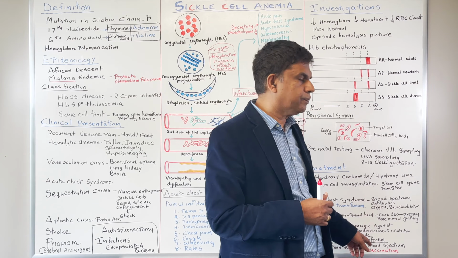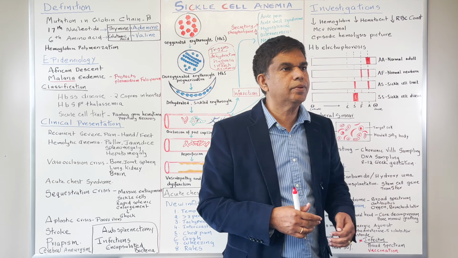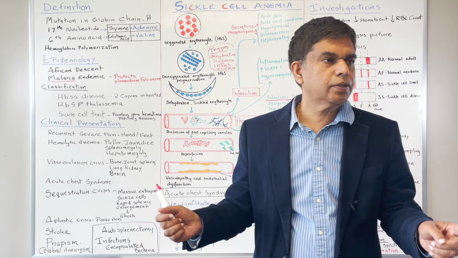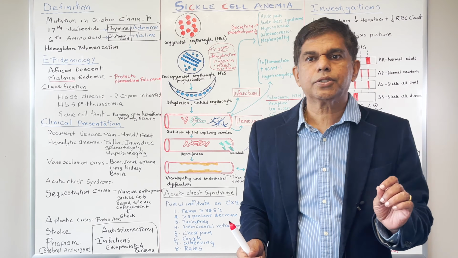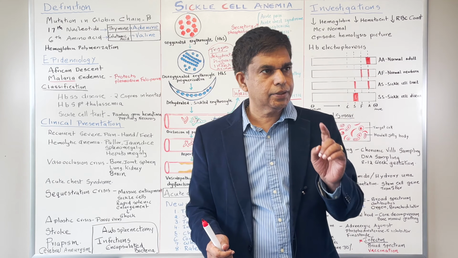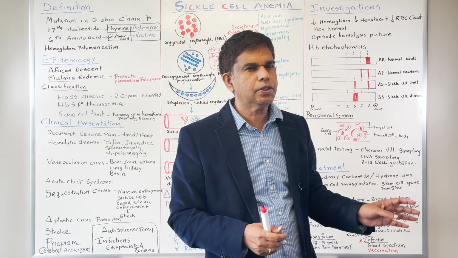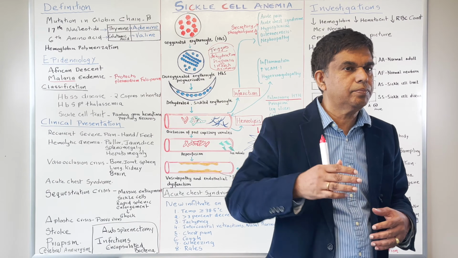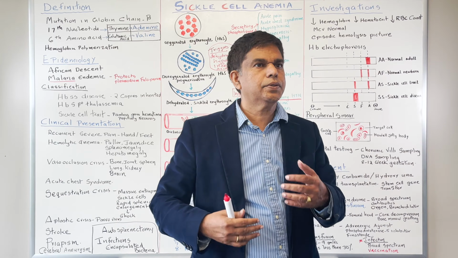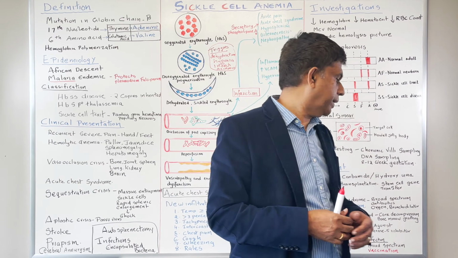And again, when it's infection, what are the two organisms I said? Somebody tell me. One is Streptococcus pneumoniae, the other one is H. influenzae. Encapsulated organisms. Most of these people usually have a spleen in childhood, but as they go into adulthood, autosplenectomy happens.